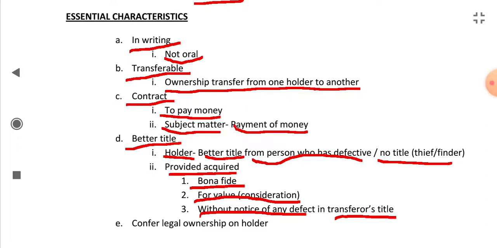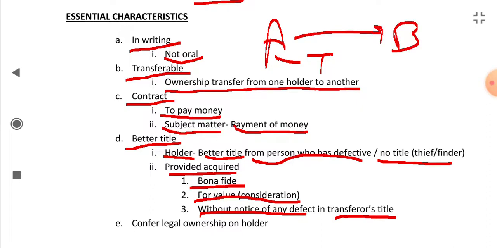Let's see an example. If A has stolen a check from somewhere, it means A is a thief, and he has given this check to B, and in consideration, B has given some property or some goods to A. B is acting honestly.